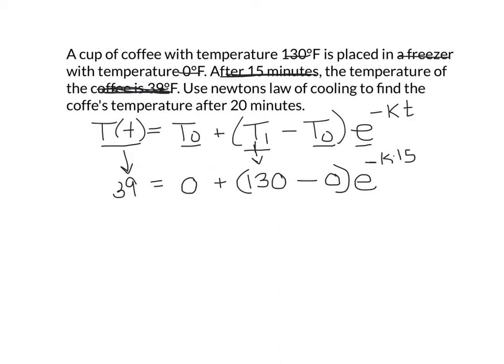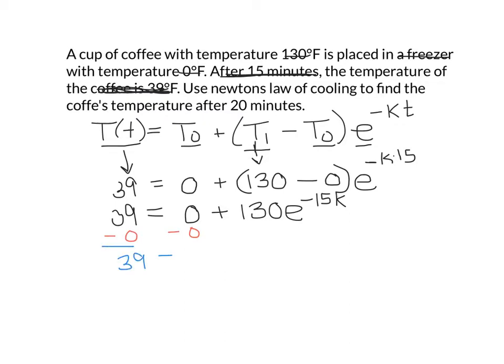Okay, so using the order of operations to simplify the right-hand side of the equation, we would first simplify what's in the parentheses. 130 minus 0 is 130. If you wanted to, you could subtract 0 from each side, but I think we all know that subtracting 0 is not very interesting, and you get back your 39. Next you need to isolate your exponential.